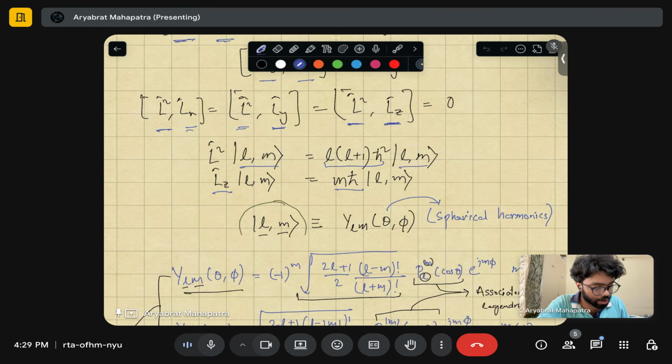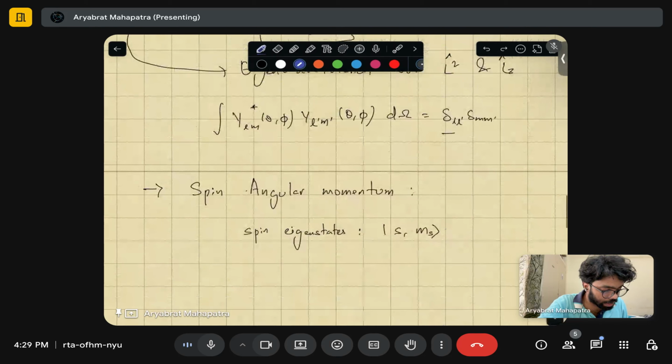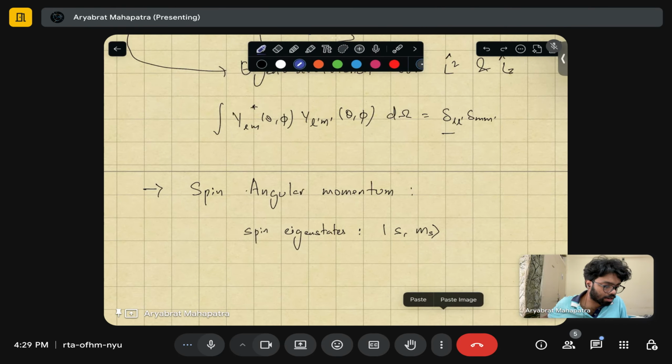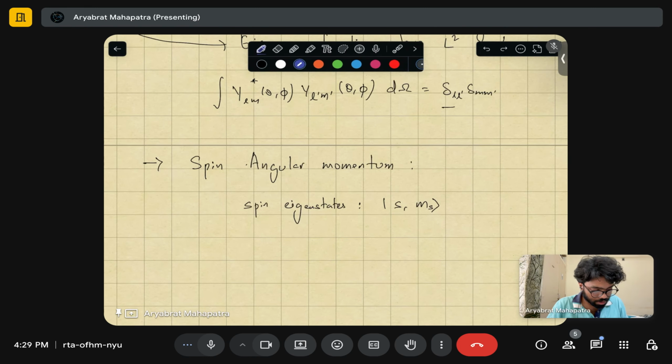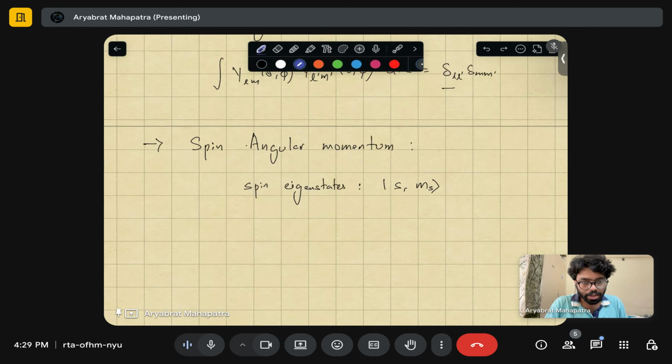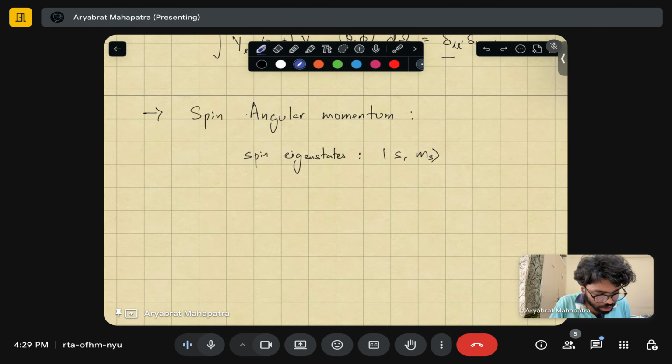S is one of your quantum numbers and MS is the other, just like for orbital angular momentum you have L and ML. You denote them with S and MS to distinctly identify that they are related to spin angular momentum, not the orbital angular momentum of the quantum particle. Similarly, you can define the eigenstates in this way.